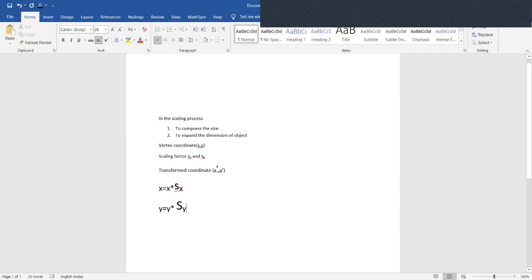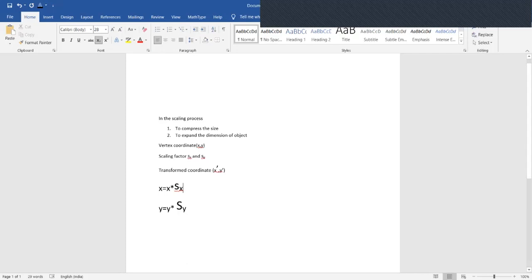The scaling factors Sx and Sy scale the object in the x and y direction respectively. That means Sx scales the object in the x direction and Sy scales the object in the y direction.